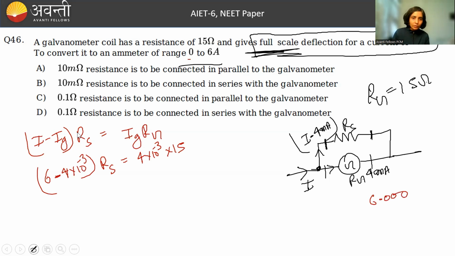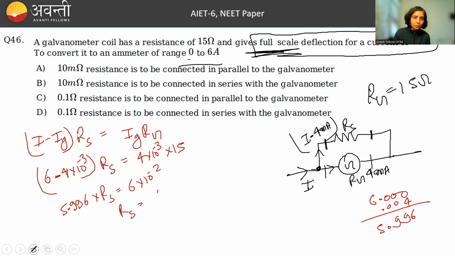So this is 0.004, 0.004. So this will become how much? This will become 5.996. So this is 5.996 into Rs, and this will become 6 into 10 to the power minus 2. So Rs will be equal to how much? 6 into 10 to the power minus 2 divided by 5.996. So this is almost equal to 6, 5.996, and this is 6.